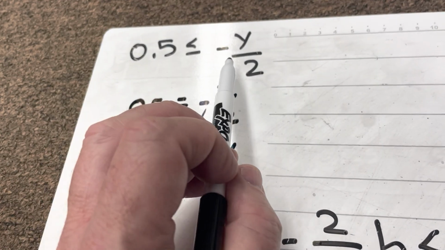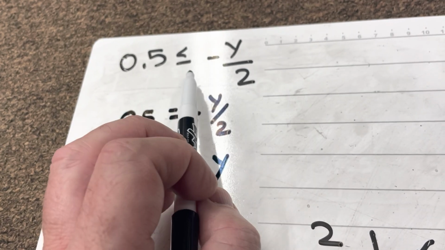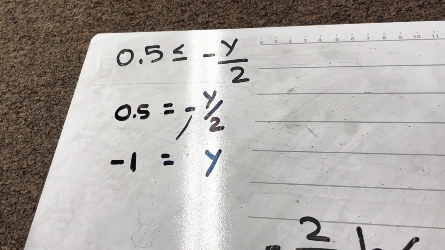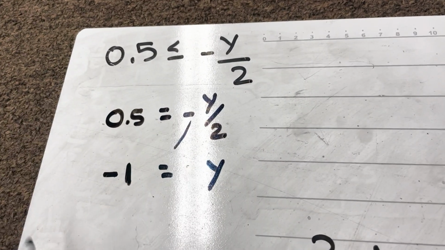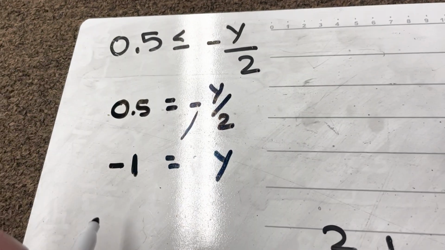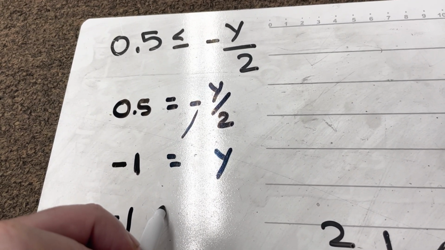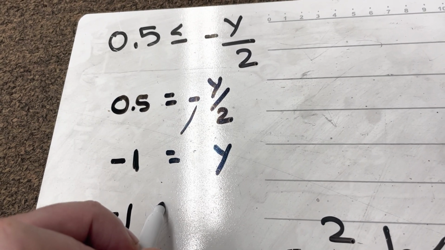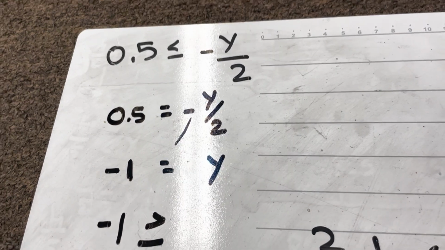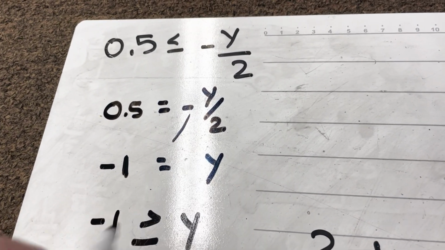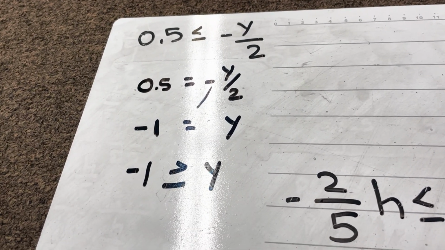When we have negative numbers with the variable, we have to switch the inequality signs, which means that I am not going to set this up as y is greater than. I'm going to have to set this up, flipping the inequality, as negative 1 is greater than or equal to y. Okay, that's what needs to happen there. I have to flip the inequality sign.